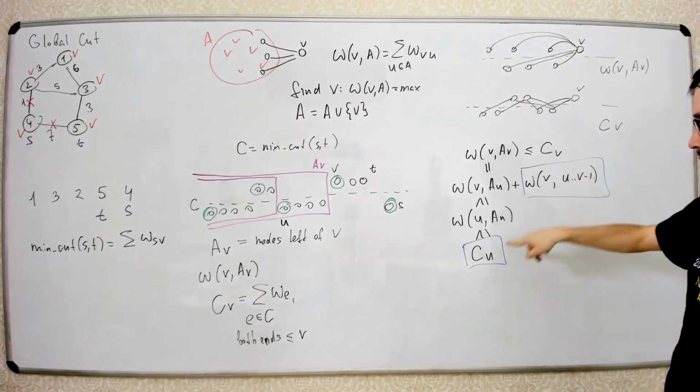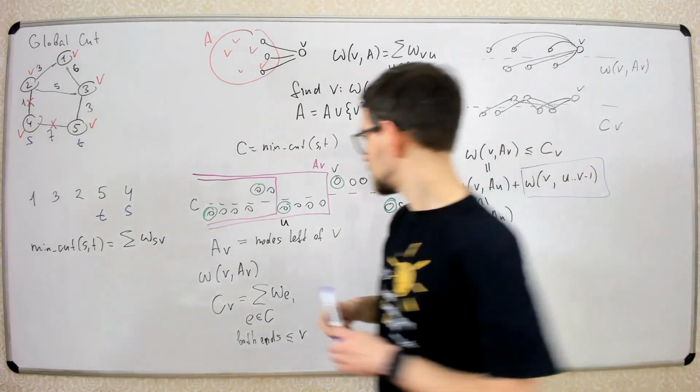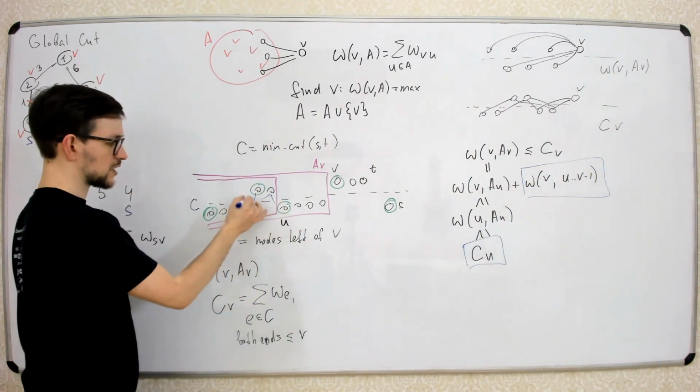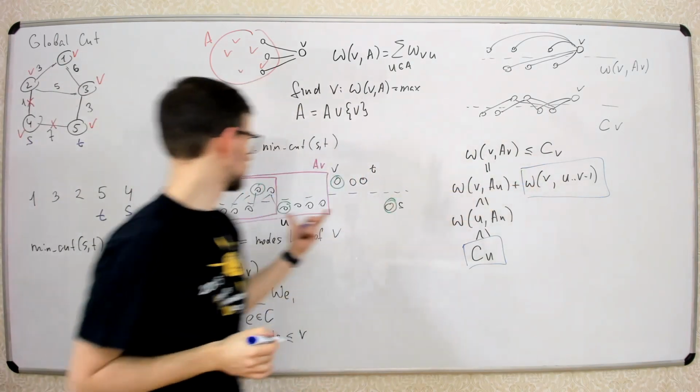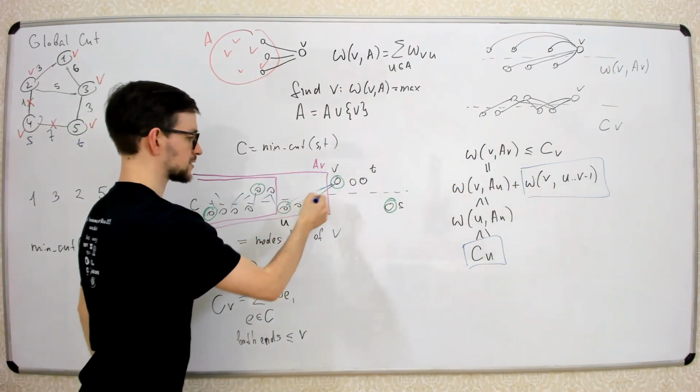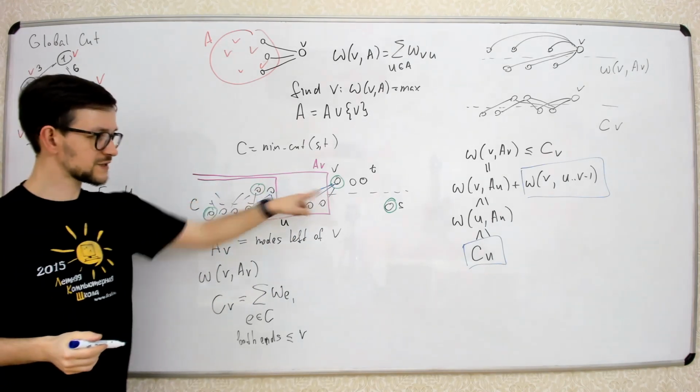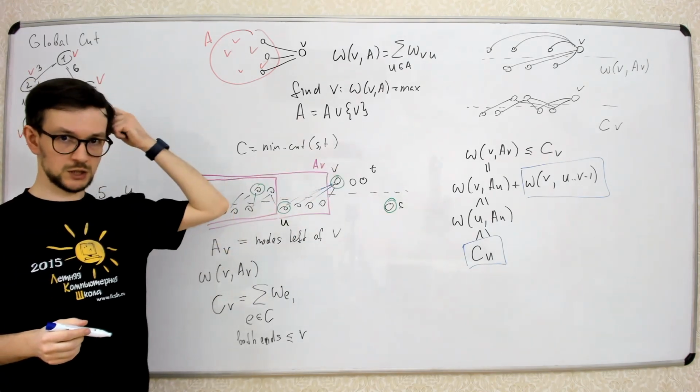Edges in C_U are all these edges, right? And edges from V to this thing are this set of edges. All these edges belong to the set C_V.